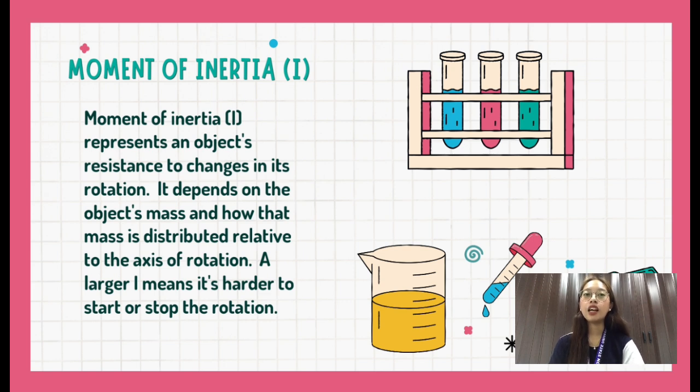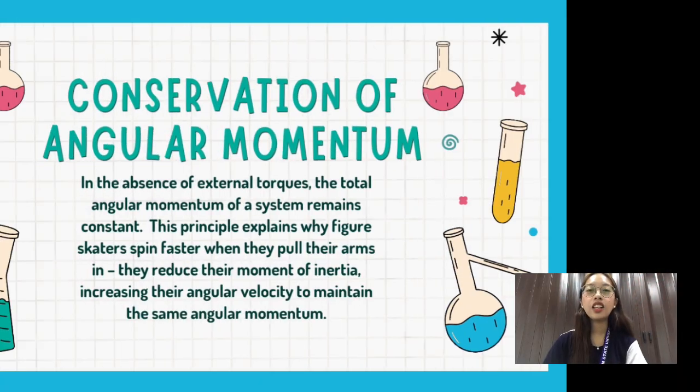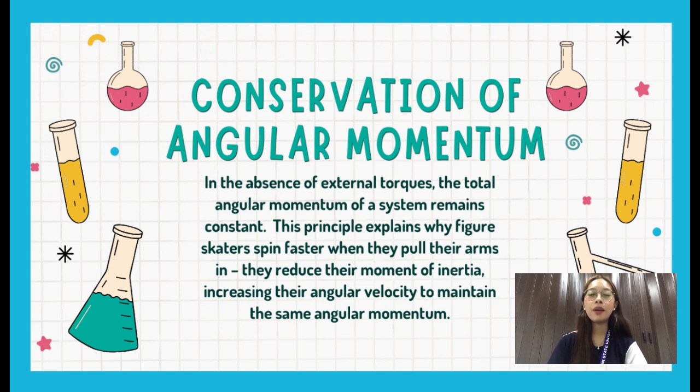Magdepende ni siya sa ug unsay mass sa object ug unsa pud gi-distribute ang mass. So og mas dako ang iyahang moment of inertia, meaning mas lisod siya start or stop ang pagtuyok sa isa ka object.